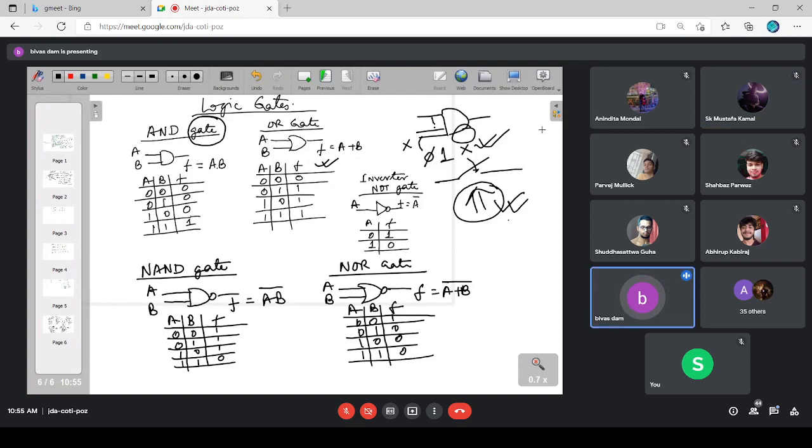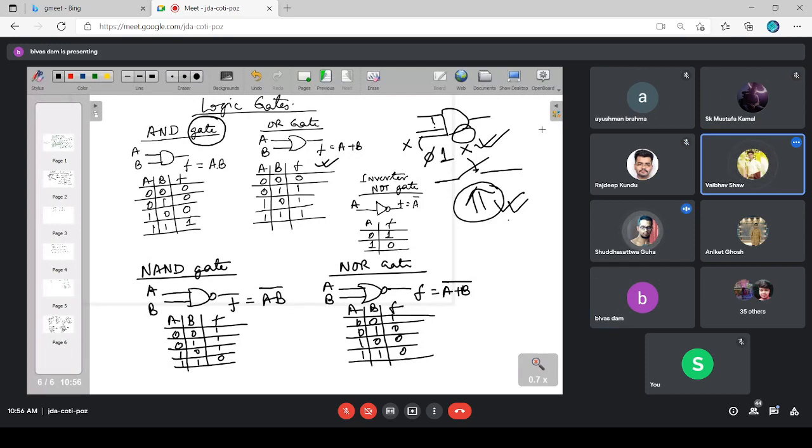For the AND gate also the same thing. I say that the AND gate is disabled when the control input is 0. Disabled means disabled for the other inputs. What about the NAND gate?